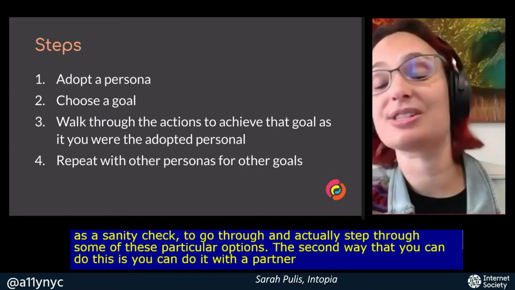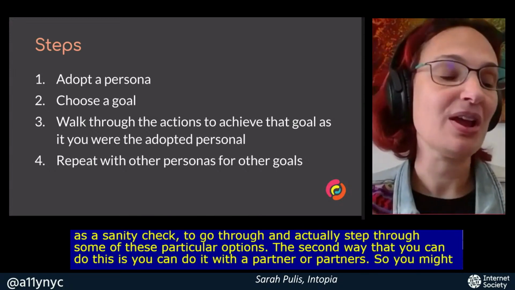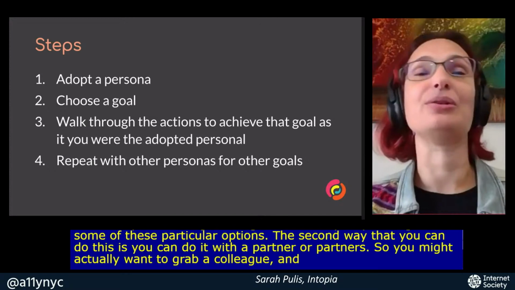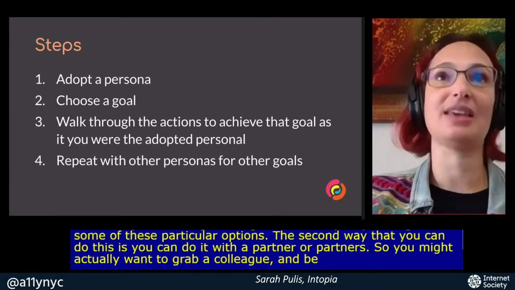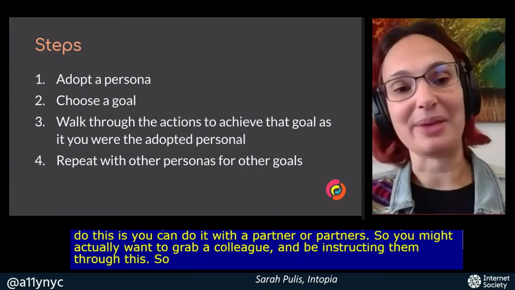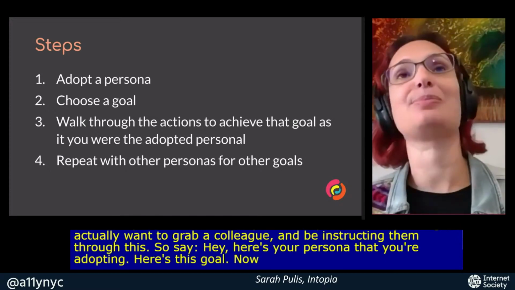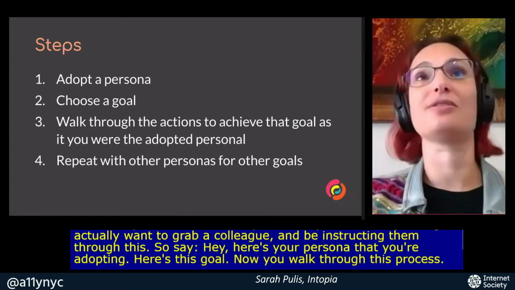The second way that you can do this is with a partner or partners. So you might actually want to grab a colleague and be more instructing them through this. So say, hey, here's your persona that you're adopting. Here's this goal. Now you walk through this process and I'll sit here and observe what you say.